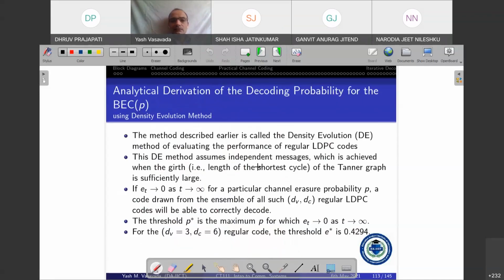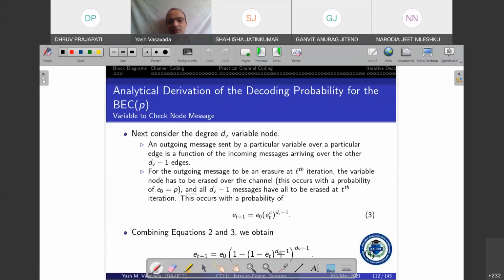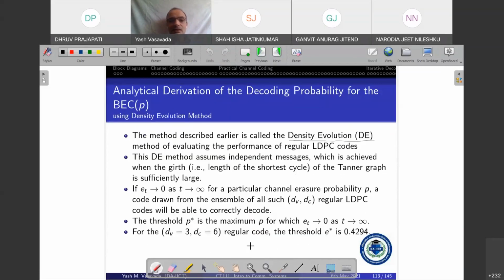Okay, so this is in the textbook and in the literature. This is called the density evolution method. The name is fancy, but all it is, is just this particular derivation that we have done. And the main assumption is that the messages are not getting fed back, which won't happen if the graph has a cycle of some small length.